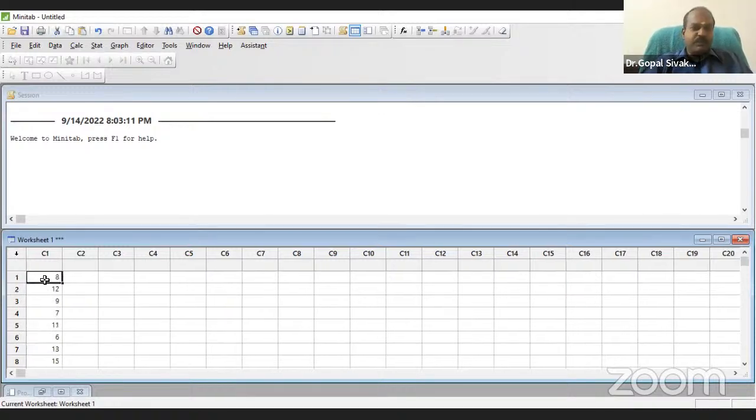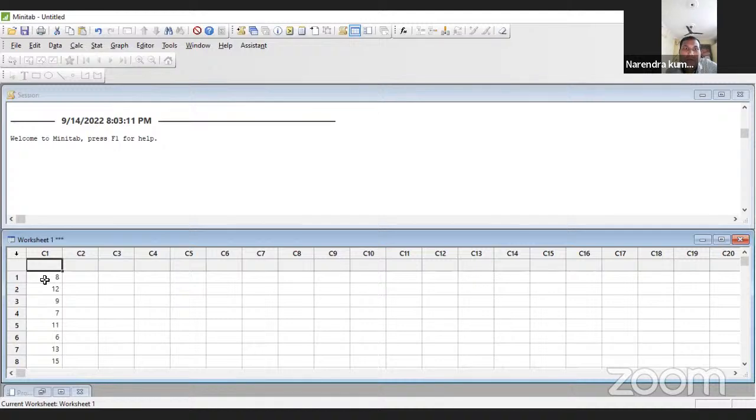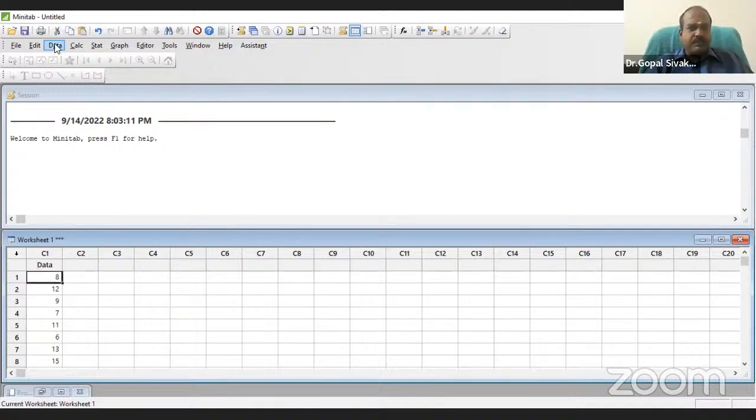So do you see a lot of numbers here? How many numbers have I typed? 10 numbers, right? So let me call it data. And now with the 10 numbers, I want to calculate the mean and many things.